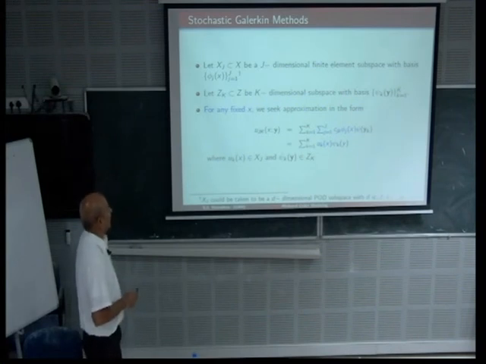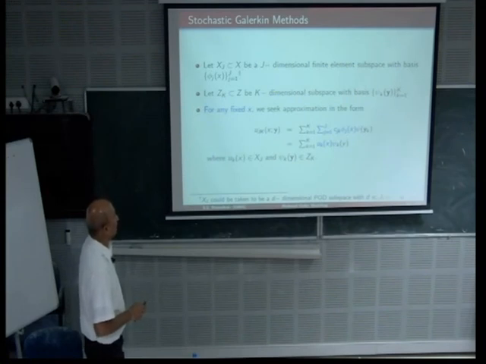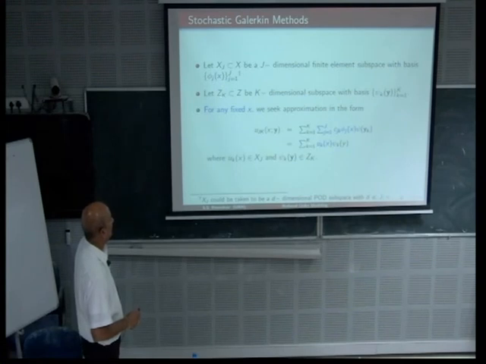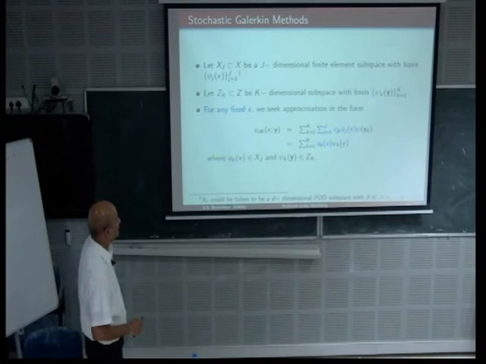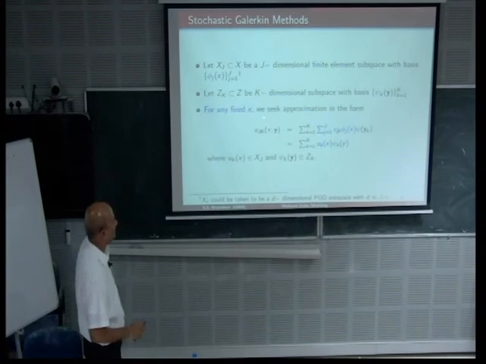Then let X_J be a J-dimensional finite element subspace with basis phi j, and let Z_K be a K-dimensional subspace with basis psi k. Then for any fixed x, so I'm fixing the spatial, deterministic part, you seek an approximation in this form using these two basis functions, and c_jk are the undetermined coefficients.